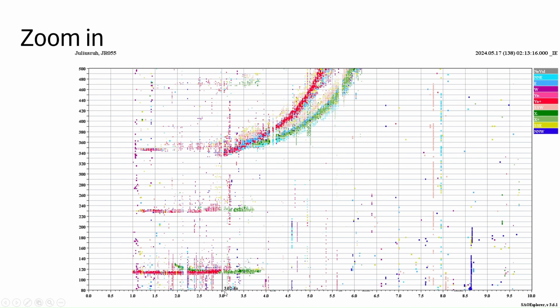In Artist, you can right-click and drop down to select foEs and h'Es. In general, you want to put your h'Es at the bottom edge of the sporadic E trace, and your foEs should be at the end of the sporadic E trace.